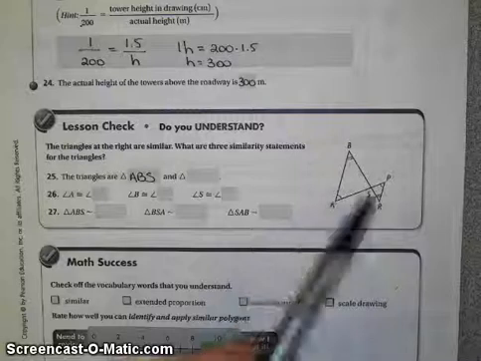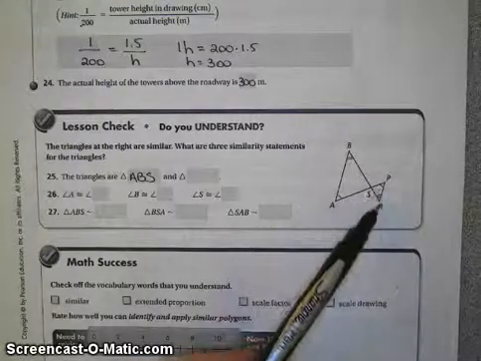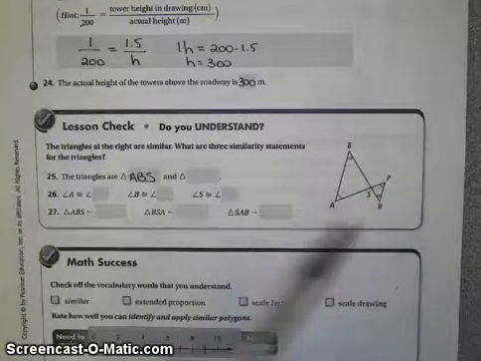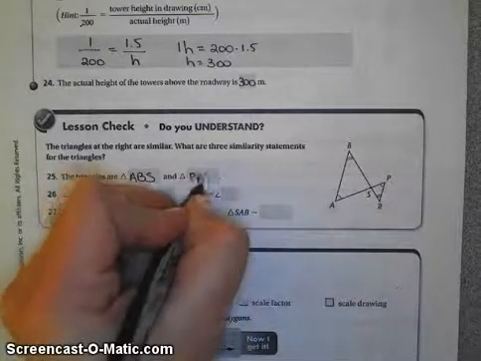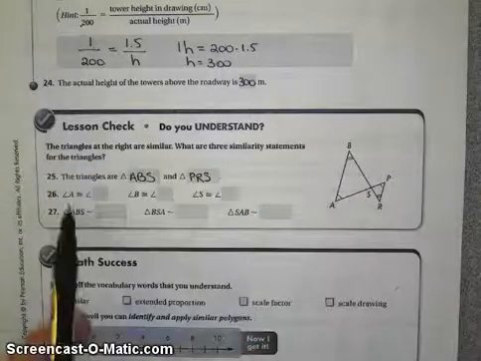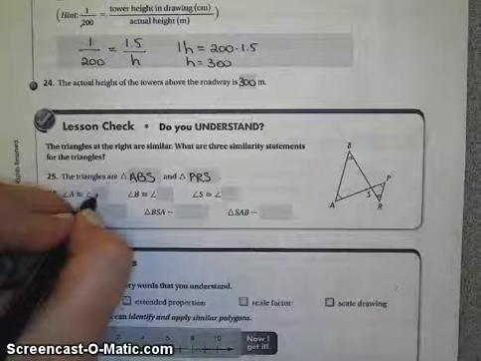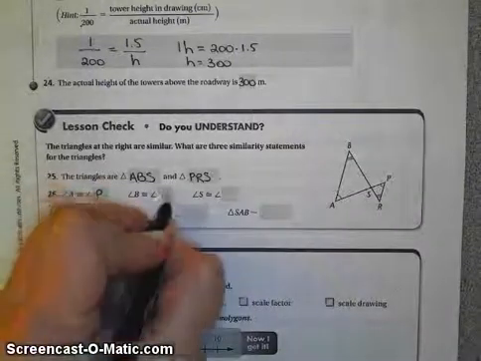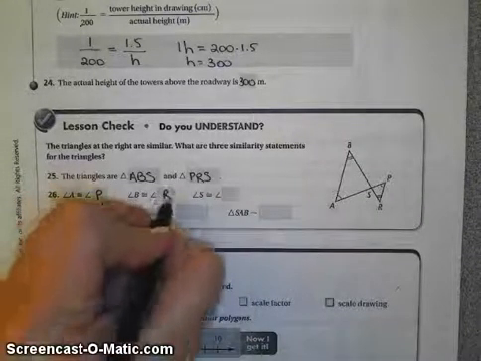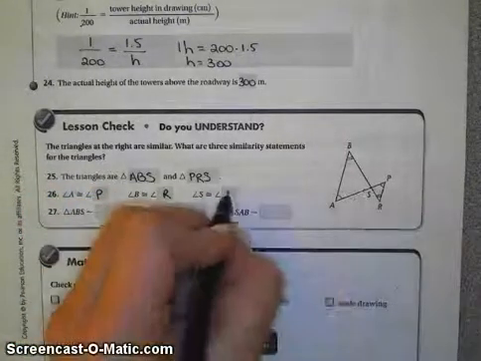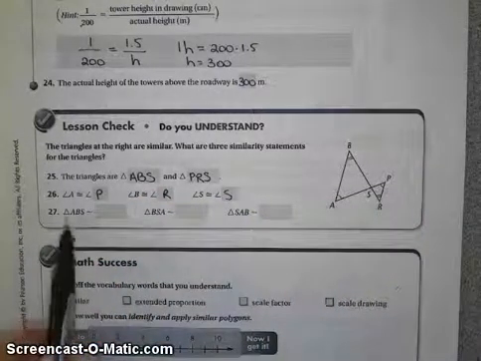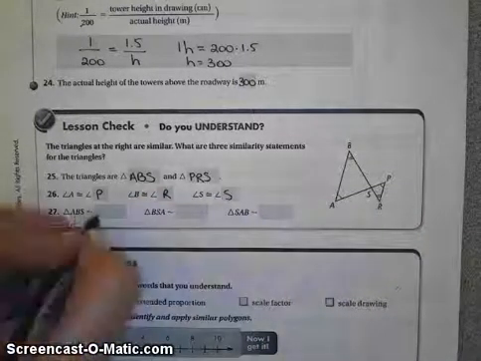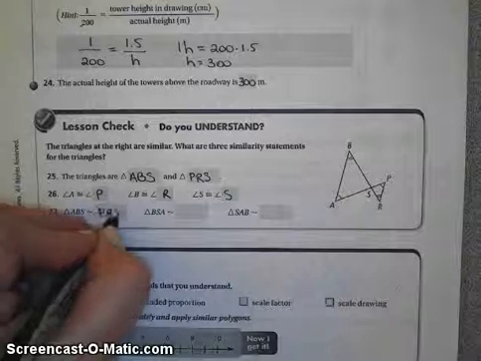So A corresponds to P, B corresponds to R. So we'd name the second triangle PRS. So angle A corresponds to angle P, angle B corresponds to angle R, and angle S corresponds to itself. So triangle ABS would be similar to PRS.